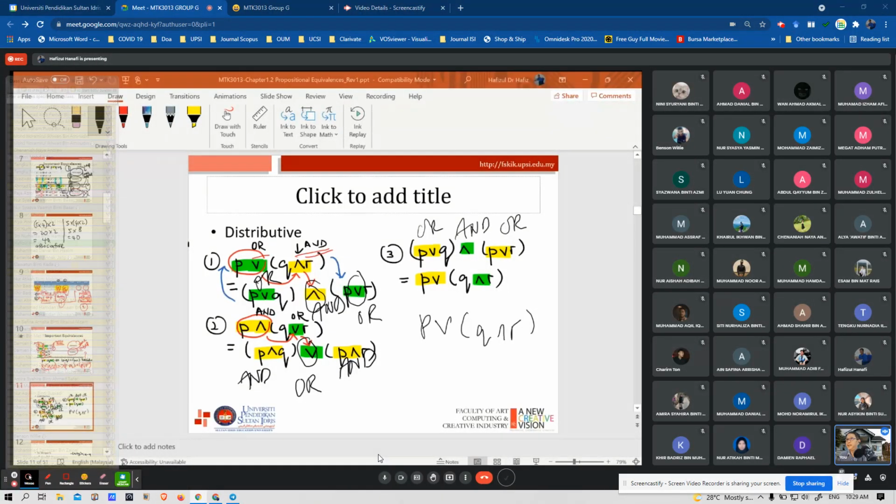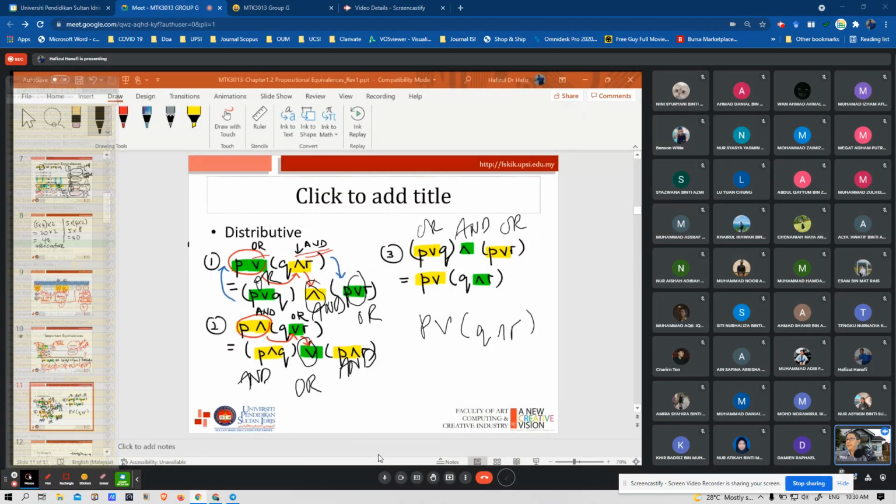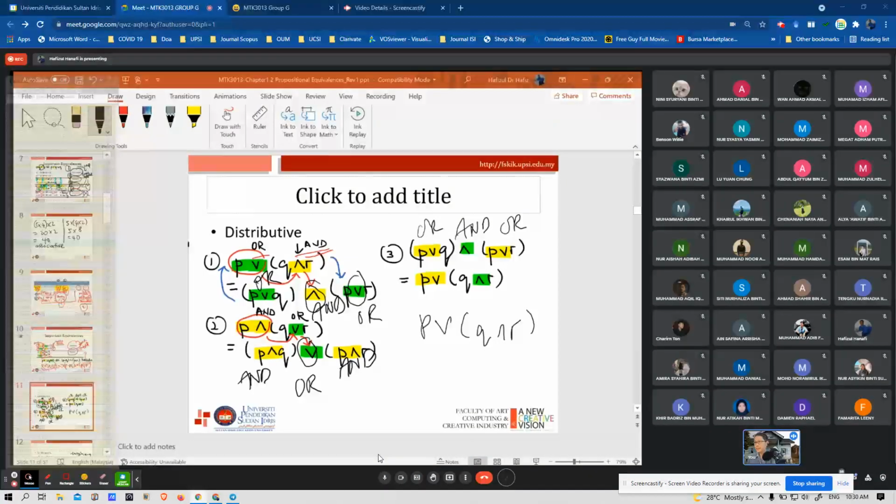Same goes here, P or (Q and R). When you open up the bracket, you put P or Q and P or R, which is the same. Distributive means you just change the position.